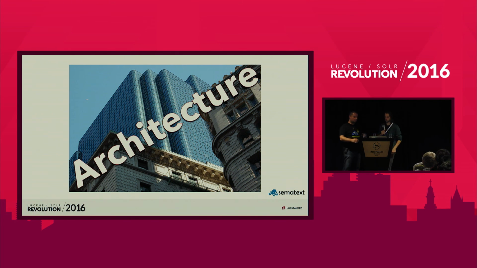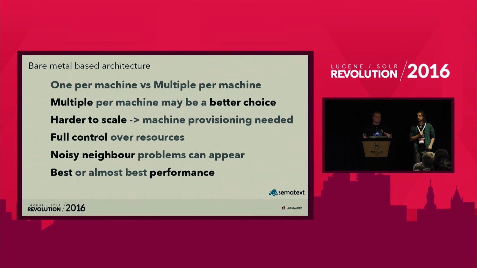Okay, so getting back to the why: on bare metal architecture, you can actually choose between one and multiple Solr instances. We did those tests on both of those OSs, and we've seen that multiple Solrs on a single bare metal machine, compared to a single larger Solr on the same machine, seem to be faster.